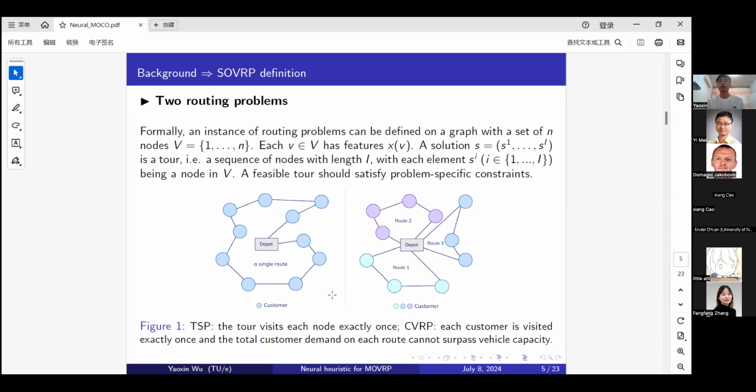Your vehicle has a capacity, and you need to serve customers with demands, so the total demand of the customers in a route cannot be over the capacity. Every time the capacity is consumed, you need to let the vehicle return to the depot and then start again to serve another set of customers.